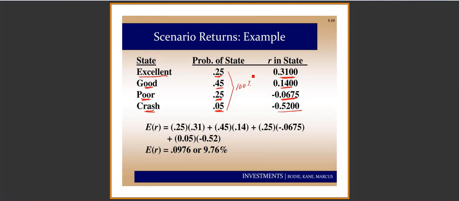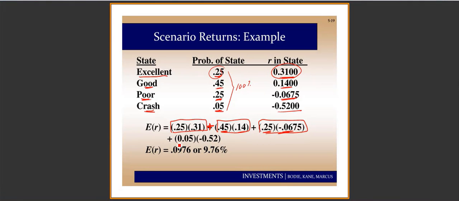So we take our first 25% chance of an excellent economy and multiply that times the return if that does happen. We're going to add that to the second scenario, 45% chance of earning 14. There's a 25% chance of losing 6.75.